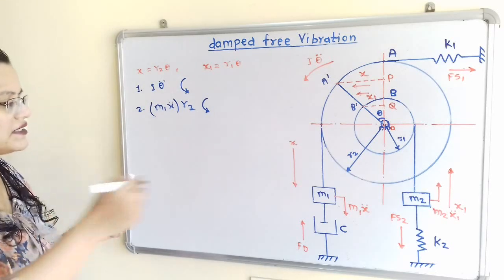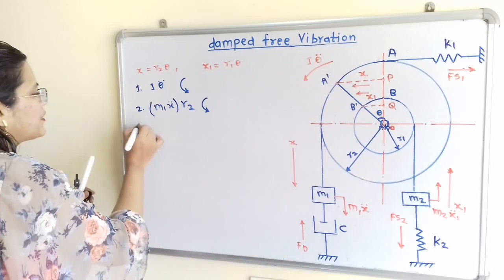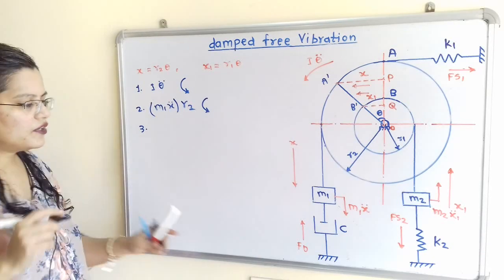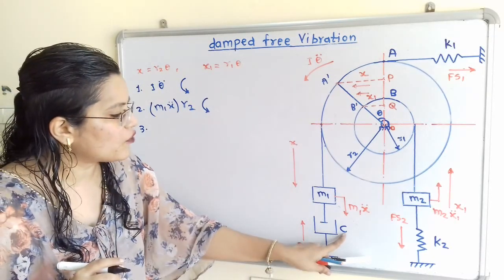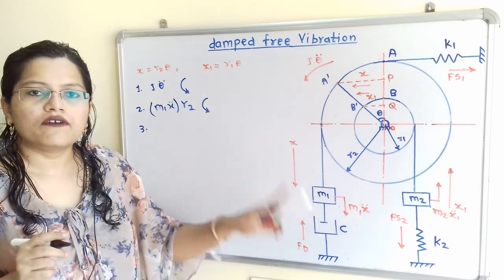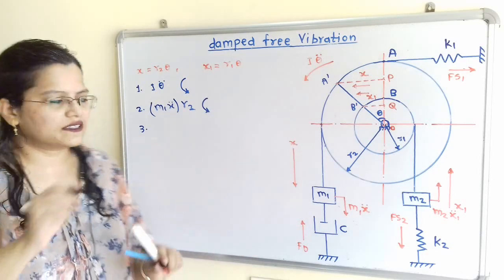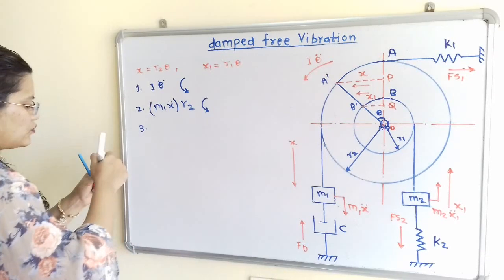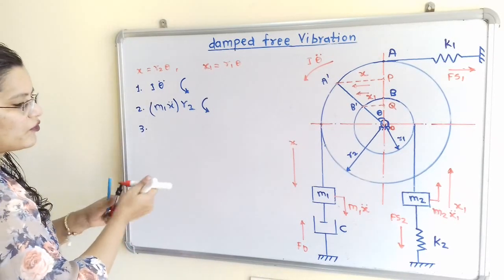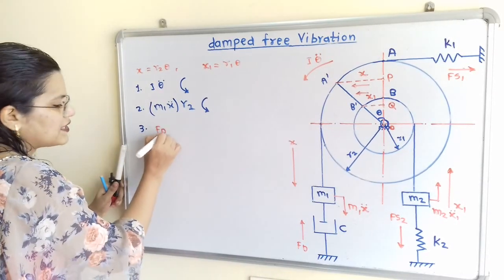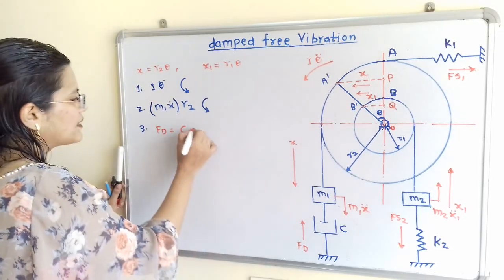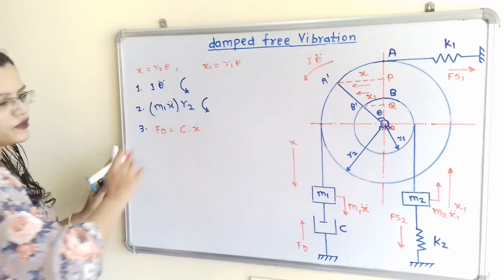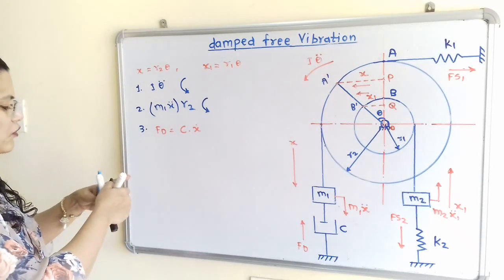Now we will move next, that is for this damper force Fd. So how to decide this damper force Fd, that is damping coefficient multiplied by the velocity due to displacement x. So Fd is equal to damping coefficient c multiplied by velocity due to x, that is x dot. So c into x dot. Now how to find out the couple?